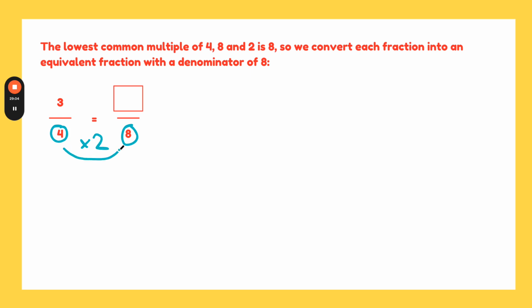So if you remember from our last lesson, when finding equivalent fractions, anything you do to the denominator, you must do to the numerator. So that means, because we have multiplied by 2, we multiply by 2 to our numerator.